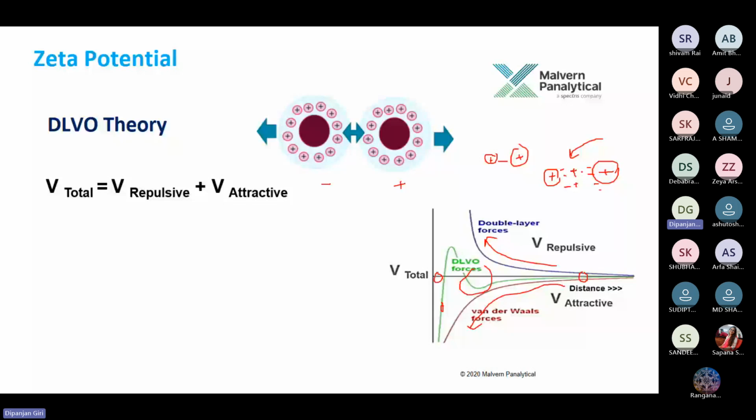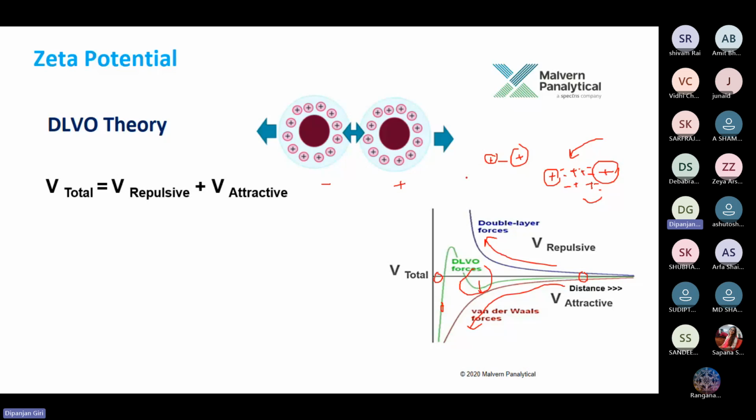In that case, if you move the particle, it will move along with this electrolyte cloud. So you will get the secondary minima, and usually this is observed in the flocculated form. That is why, when people are preparing a flocculated solution or floc, they have to add the electrolyte in a very controlled manner.